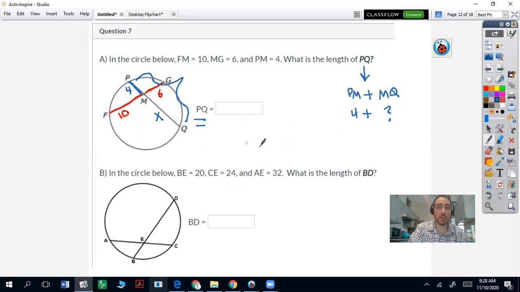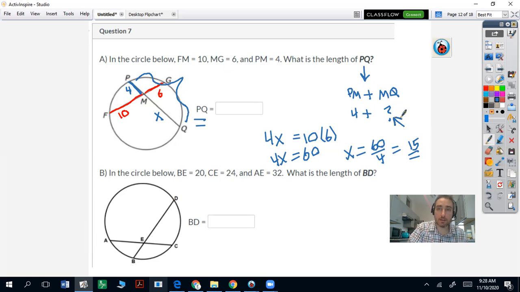So you see that setup. It's going to be 4 times X equals 10 times 6. So 4x equals 60. And then 60 divided by 4 is 15. All right, I got x. Now, that 15 is the length of MQ. 15 times 4 is 60. 6 times 10 is 60.